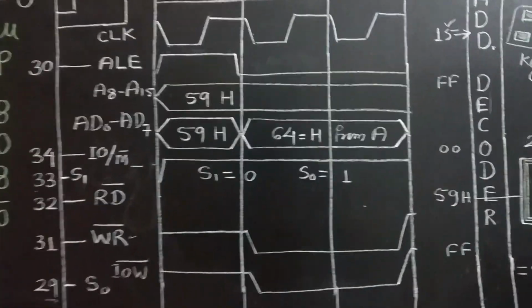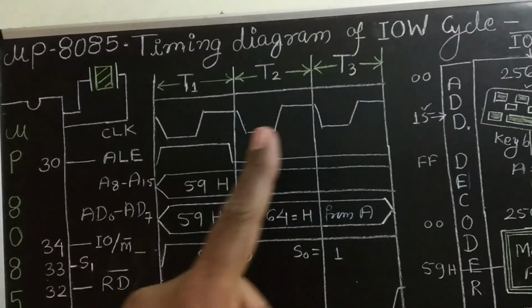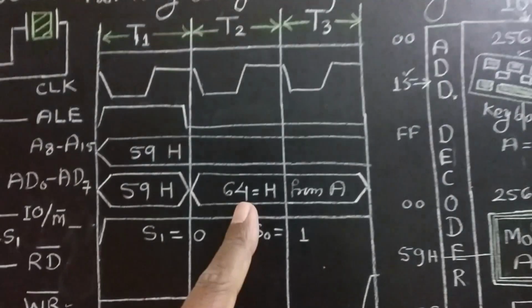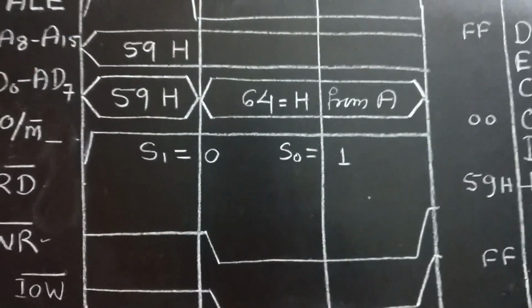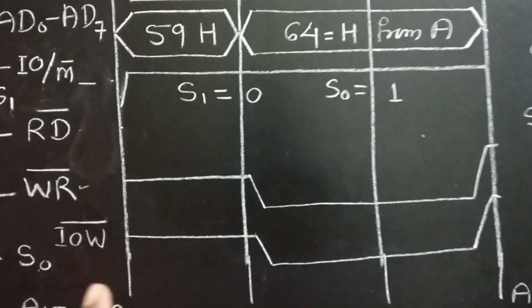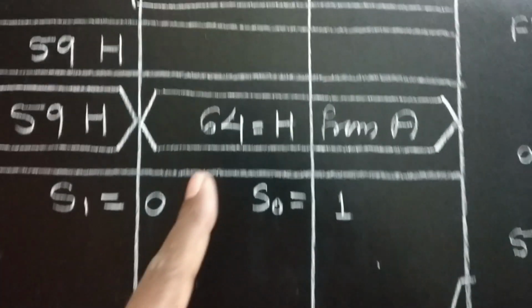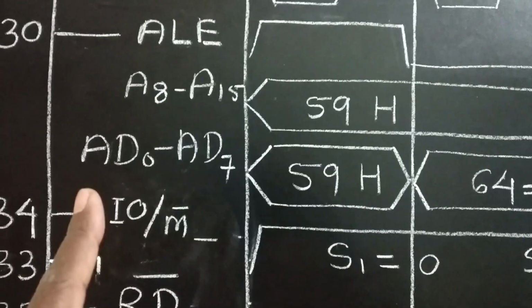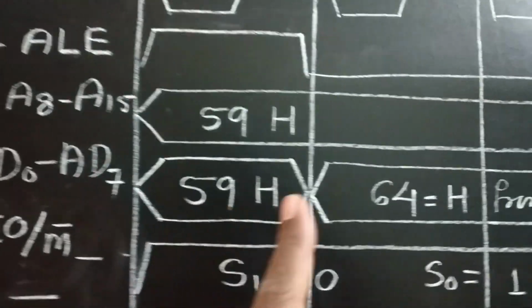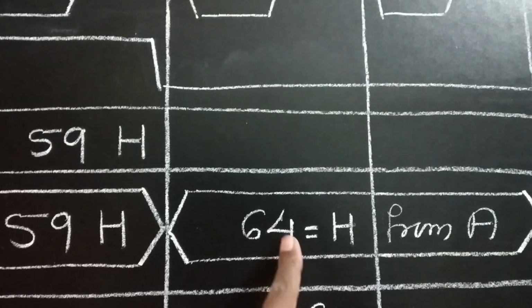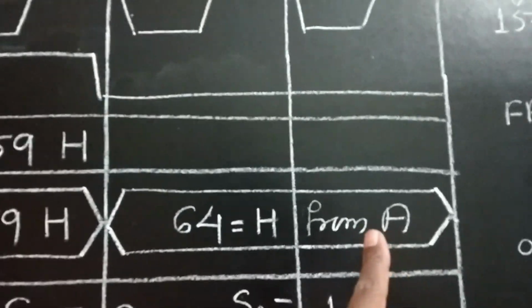Now this is the complete timing diagram for the IO write cycle. During T2 and T3, whenever this IOW bar is activated, the lower order AD0 to AD7 buses will contain 64H, which is from the accumulator.